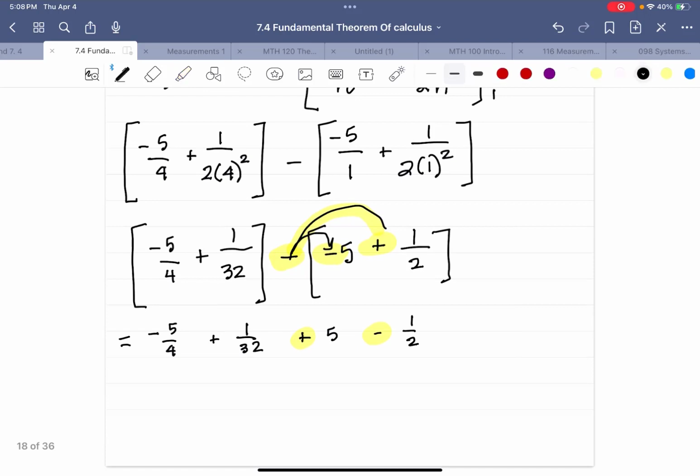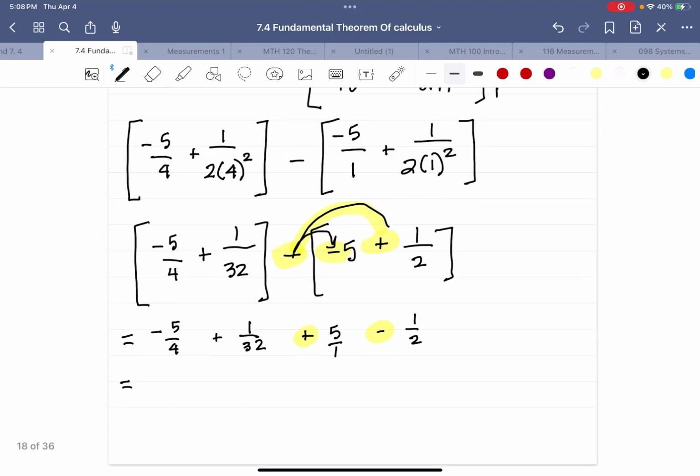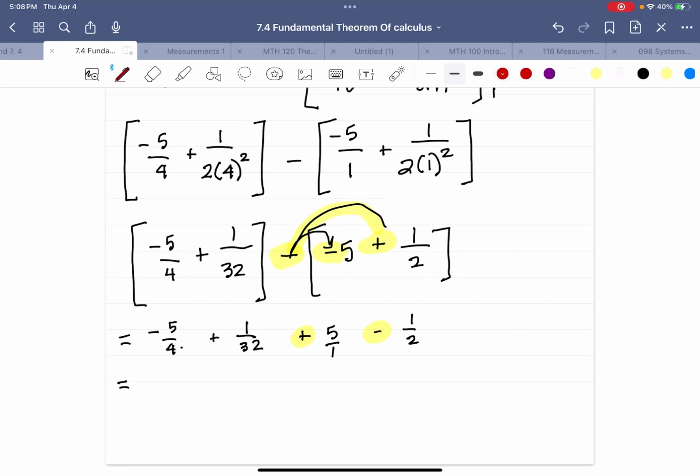Now, I'll go ahead and get a common denominator for all of these. Again, you could do it on your calculator. They'll all go into 32. 4 into 32, I have to have a 32, so I do this one top and bottom by 8. This one top and bottom by 32. This one top and bottom by 16. I already have a 2 down there, so I put a 16 here and a 16 here.